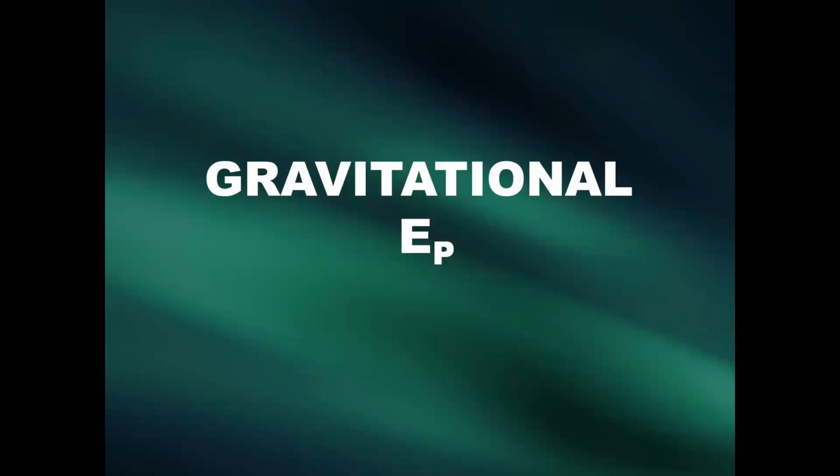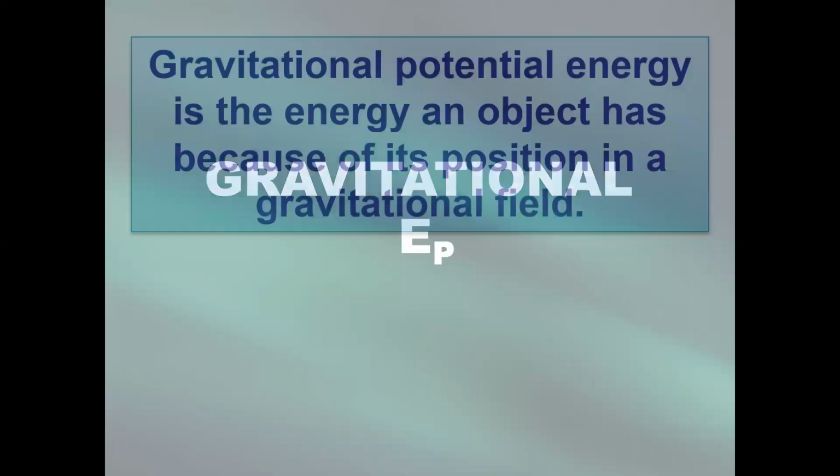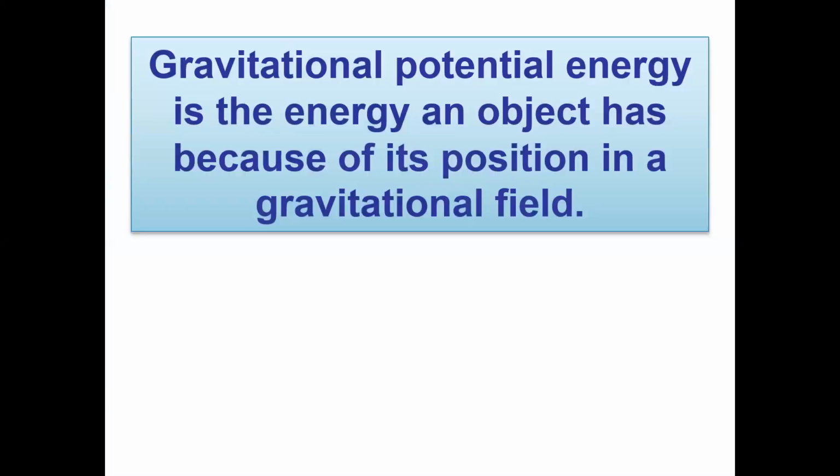Now, please let me know the definition of gravitational potential energy. Is it the energy stored in an object because of the work done? That's conceptual, and the definition was there.